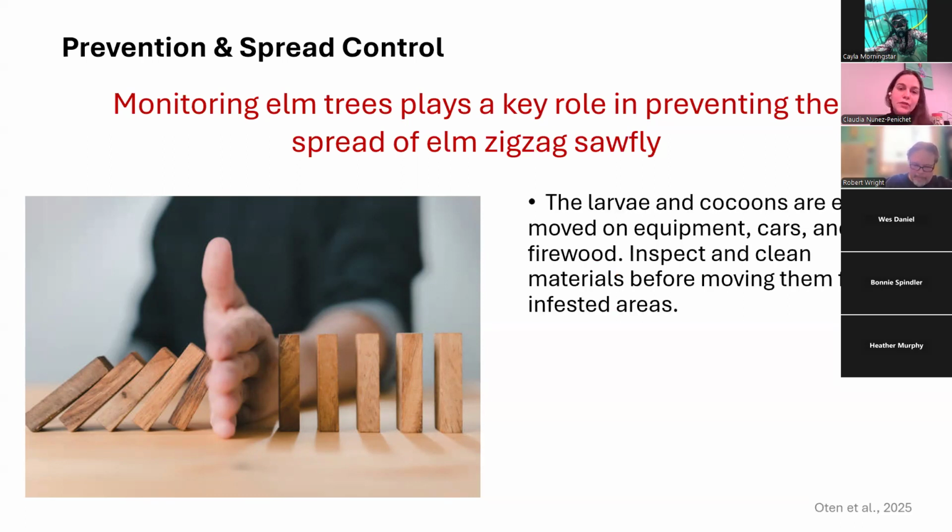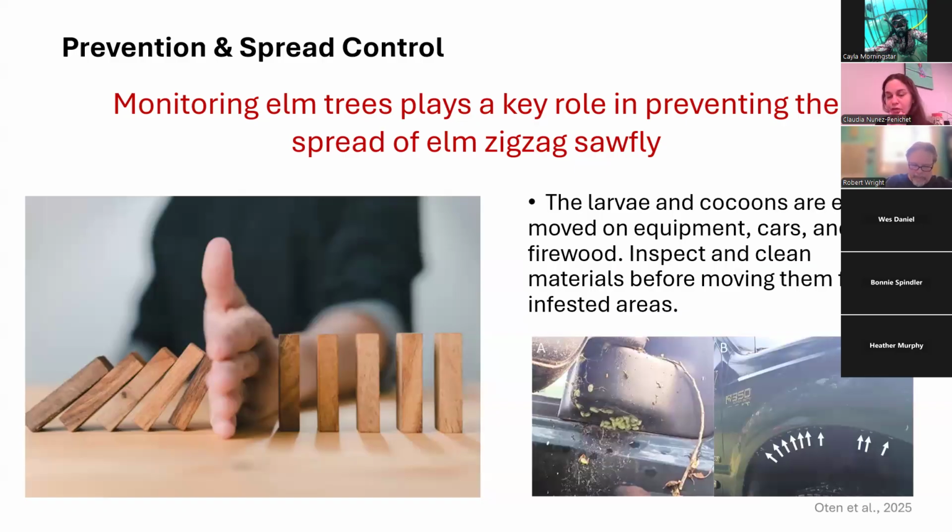One thing that is very important is to check equipment, cars, and firewood that are being moved from areas that are already infected to new places, because the cocoons or the larvae of these species can actually use those to be moved around the landscape in that way.